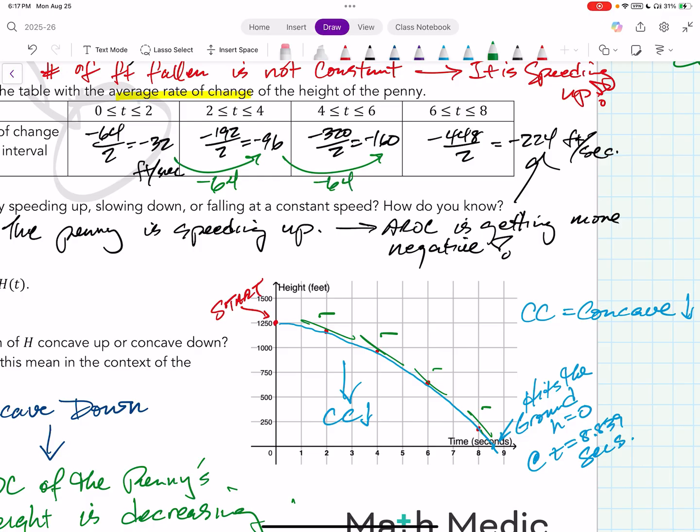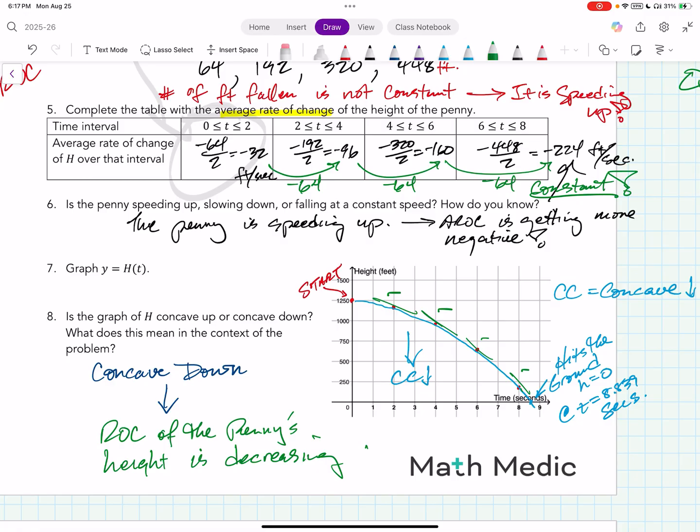You guessed it, negative 64. And if you do the same thing from negative 160 to negative 224, that's also a negative 64. So the rate of change of the rate of change is still constant, and that's because we have a quadratic function. So one of the things embedded in this lesson is that the rate of change of the rate of change in a quadratic function is constant. And there you go.